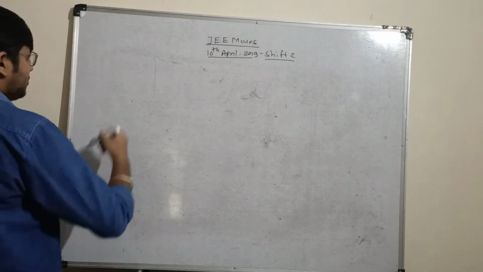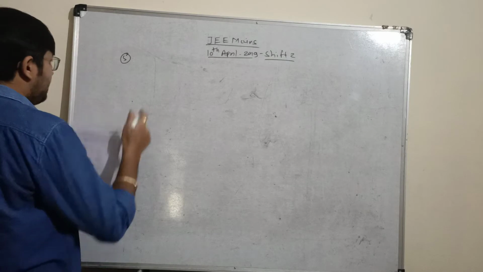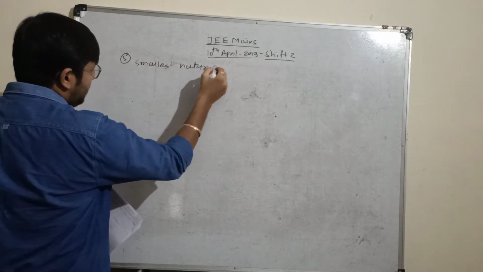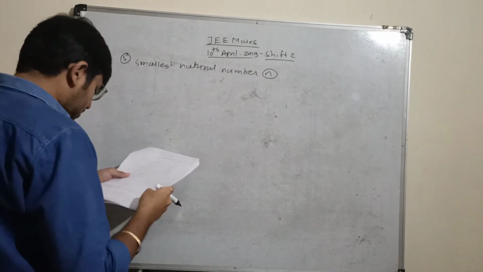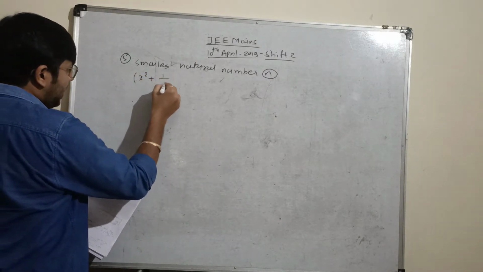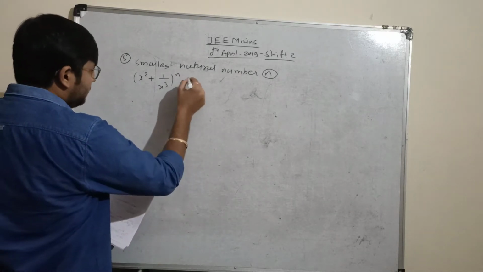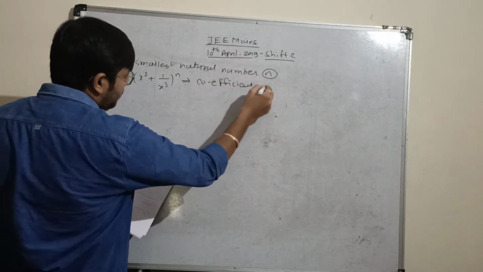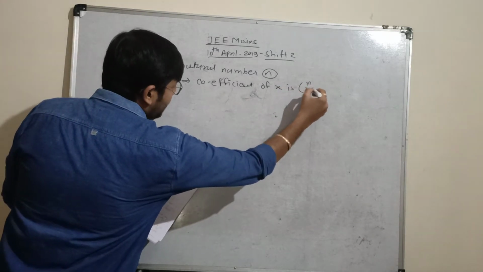Okay, so in the next question, number 5, we need to find the smallest natural number n such that in the expansion of (x square plus 1 by x cube) to the power n, the coefficient of x is nC23.